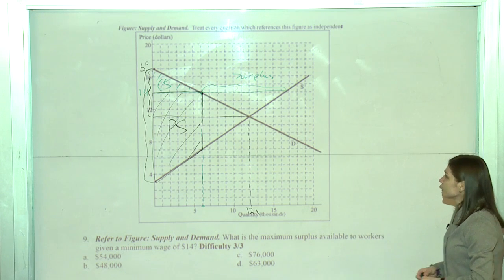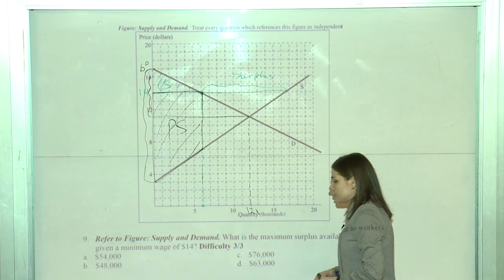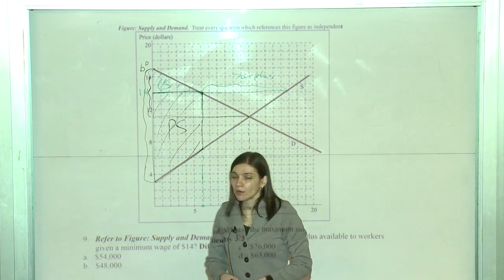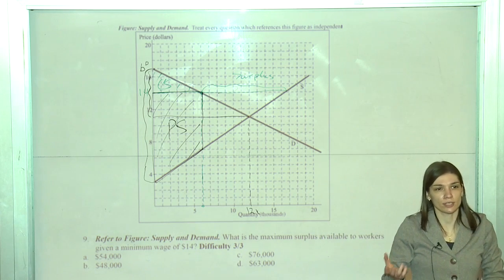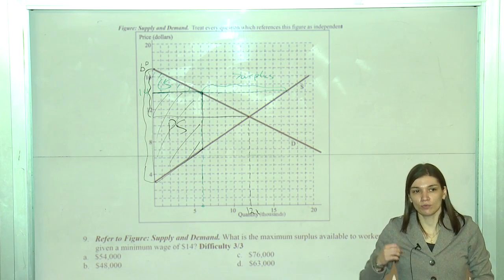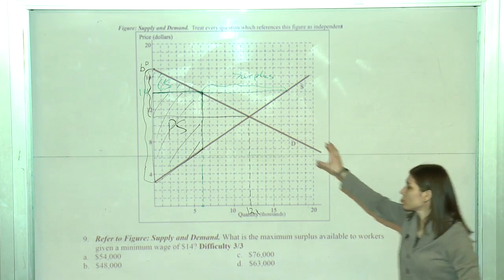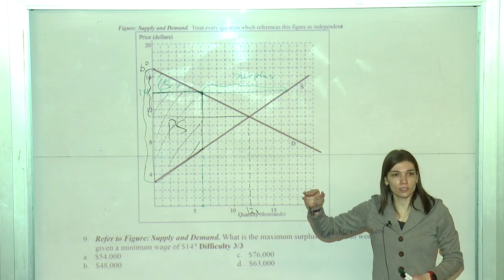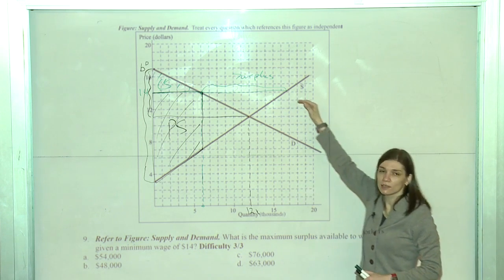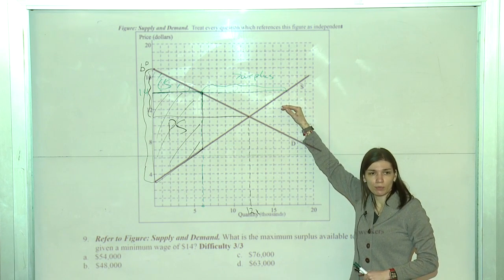Could you please define binding and non-binding? The way I think about it is I first figure out what the rule is, what the new regulation says, and then to figure out whether it's binding or not, I ask myself, is the initial equilibrium legal or not? Like in the first scenario, we had a price ceiling at 13 or something, above the equilibrium price.